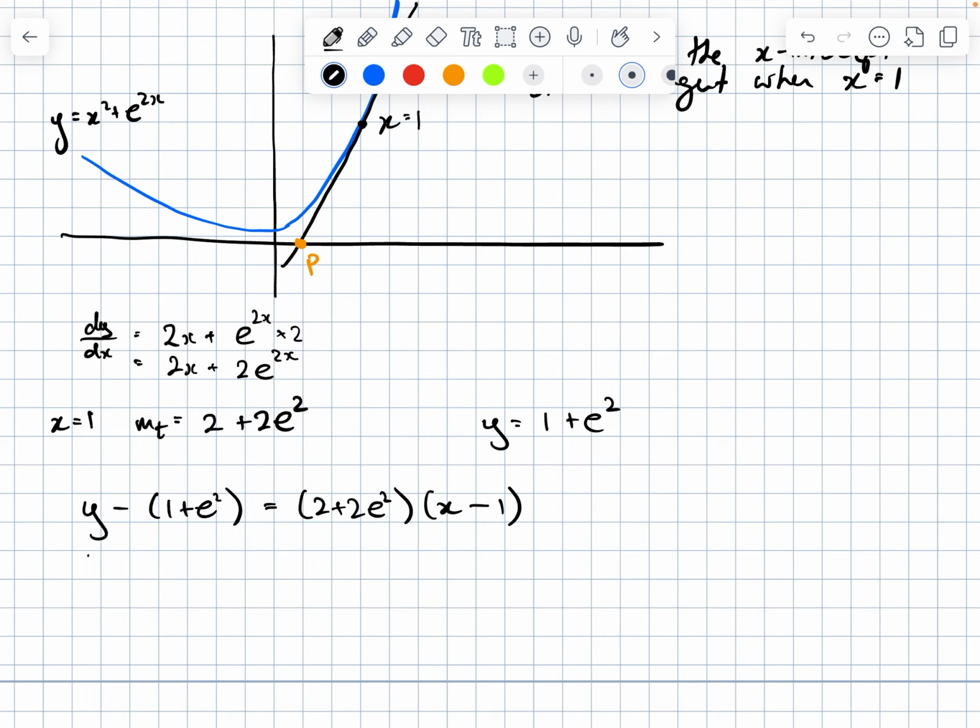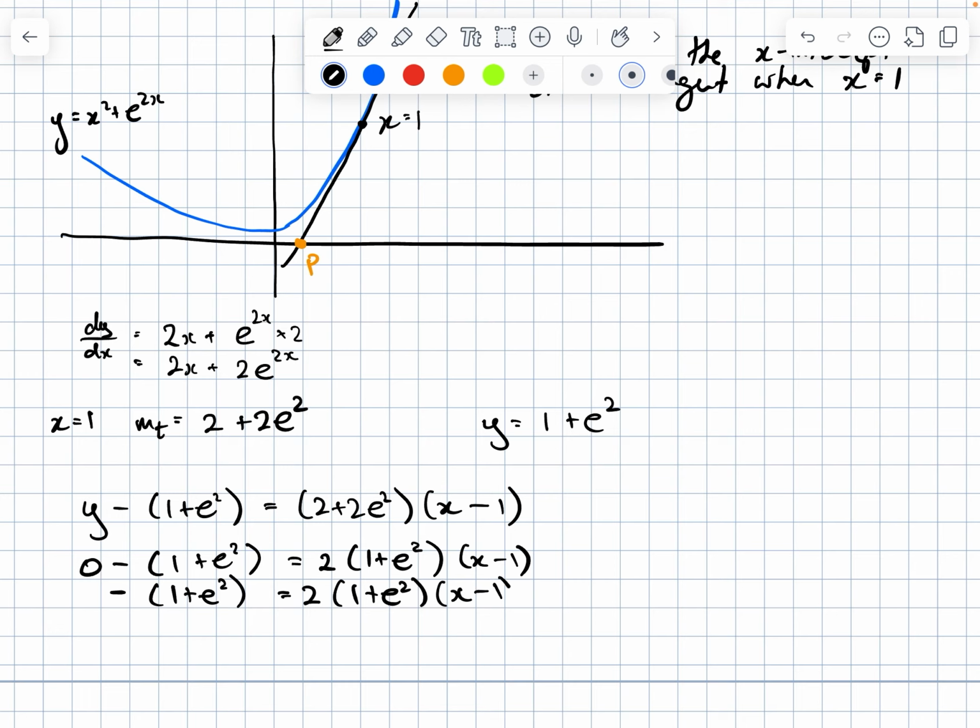And we want to make y equals 0 to find the x-intercept. So 0 minus 1 plus e to the power of 2 equals, and I notice on this right-hand side there's a common factor of 2. Take that out, 2, 1 plus e to the power of 2, x minus 1. We can get rid of the 0 to just get negative 1 plus e to the power of 2 equals 2, 1 plus e to the power of 2 times x minus 1.